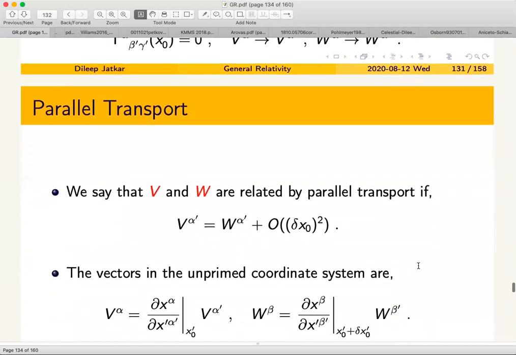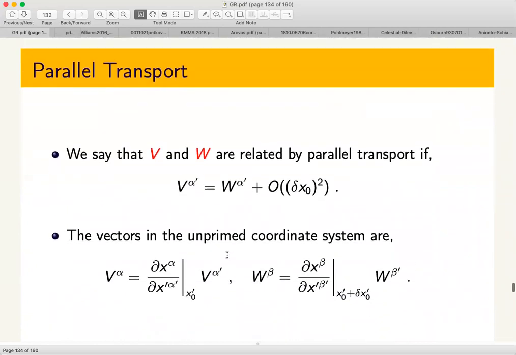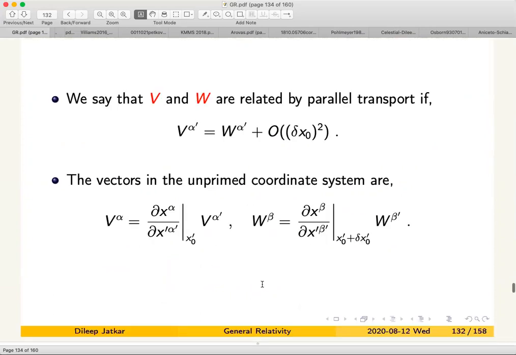Okay, so let's write down the vectors in the unprimed coordinate system. They are related to these vectors in the primed coordinate system through this coordinate transformation. Similarly for w, except that this derivative is evaluated at x naught prime, whereas this is at x naught prime plus delta x naught prime. So we can do a Taylor expansion of this around this to write down the terms.